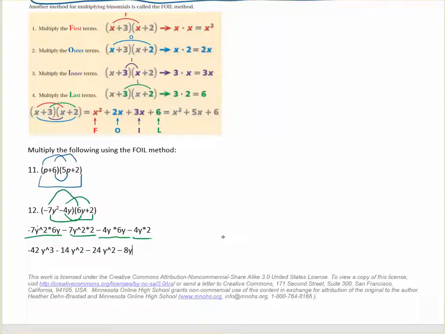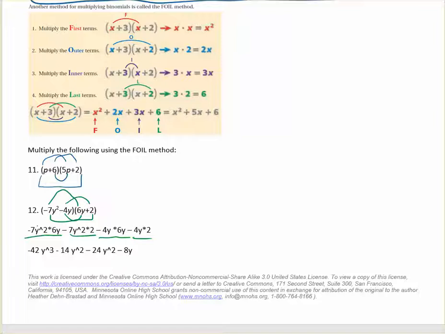Now you check for like terms. So let's see. We've got negative 42y cubed minus 14y squared minus 24y squared. These two are like terms because they both have a y squared in them. So I need to combine those, and when you combine them, remember that the sign in front goes with it.